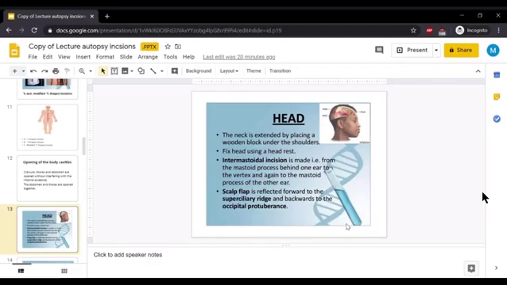The anterior flap is reflected anteriorly, while the posterior flap is reflected posteriorly. The anterior flap is reflected forward up to the superciliary ridges, and the posterior flap is reflected posteriorly up to the occipital protuberance.